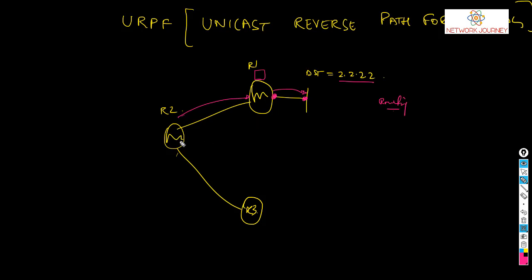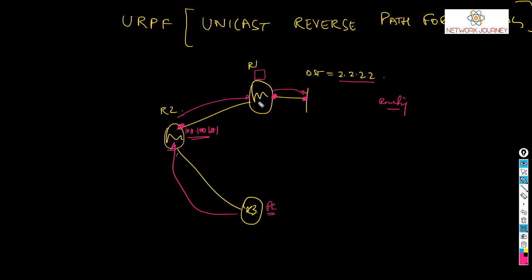Now the chances are anyone can spoof this packet. Let's say someone called PC over here can spoof the source. Let's say the source was 100.100.100.1. So this person can spoof and then it can go to R1.